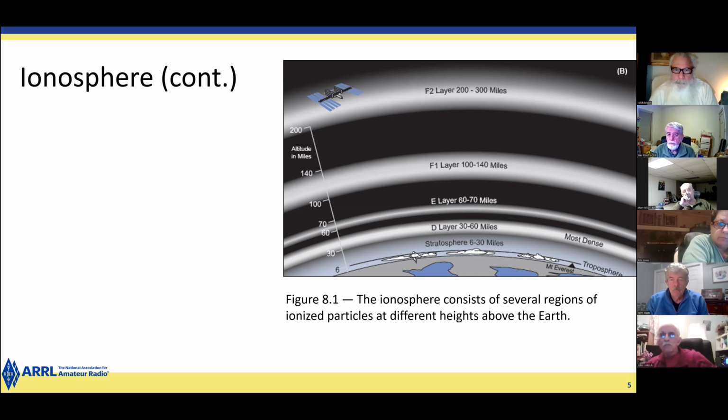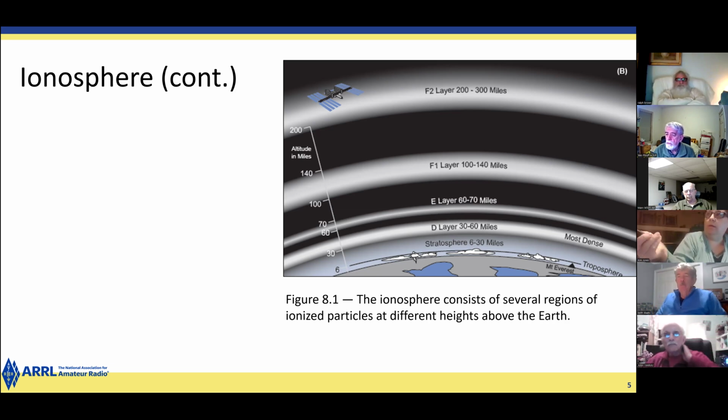The ionosphere goes from about 30 miles to 300 miles above the Earth. To give you some idea, the threshold of space, in other words, the minimum altitude where a moving spacecraft can actually complete an orbit of the Earth, is about 62 miles above the Earth.